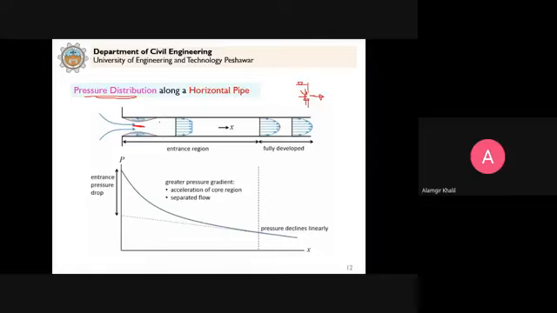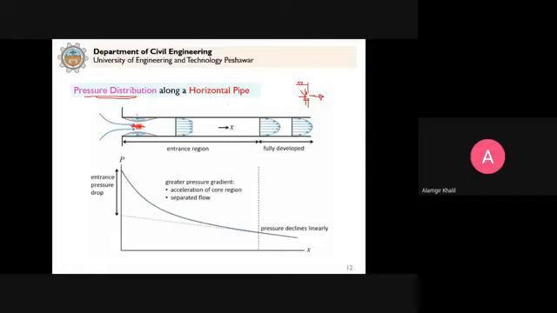Assume we do not have this pipe wall. You will see that maximum contraction occurs here as compared to the diameter of the orifice. And based on that contraction of the streamlines, you define the coefficient of contraction, coefficient of velocity, coefficient of discharge.